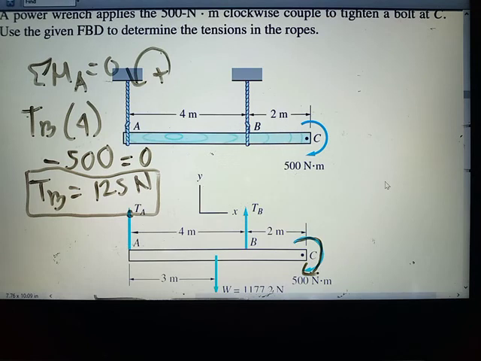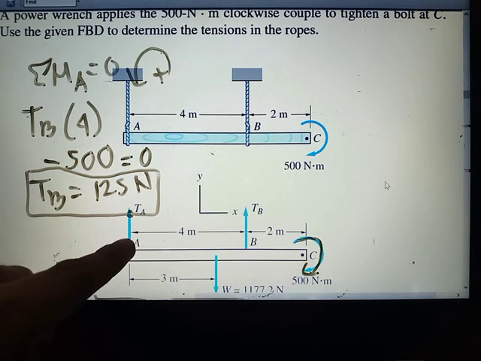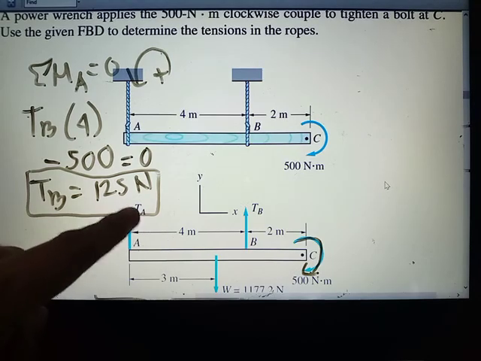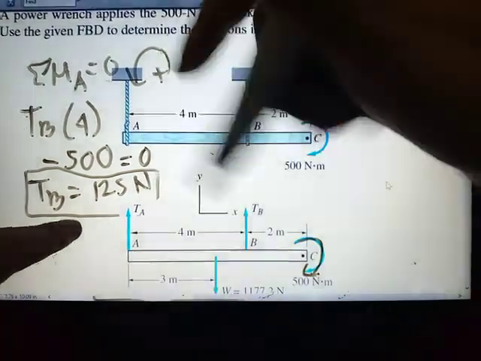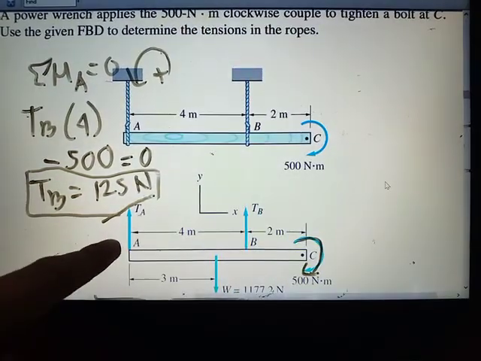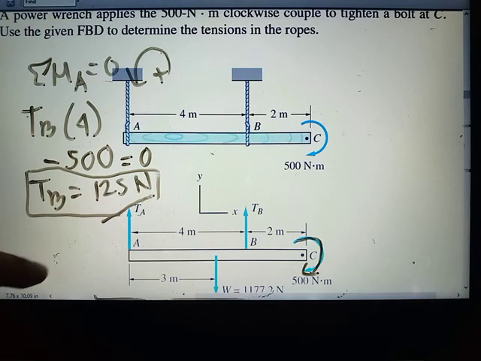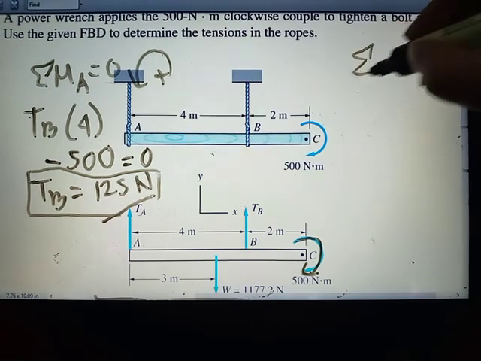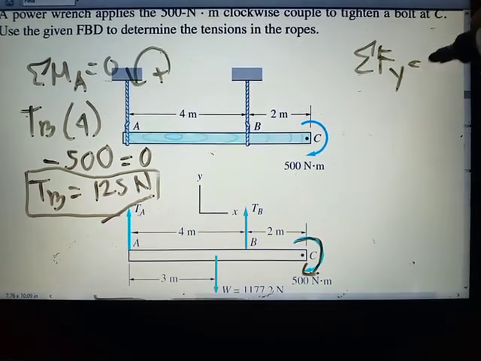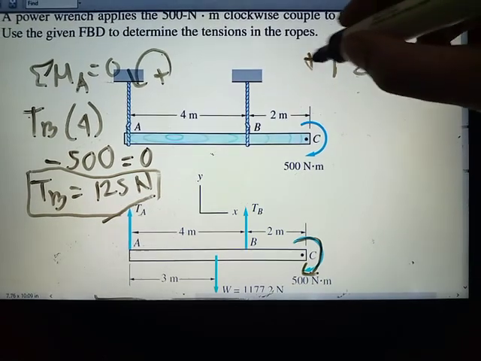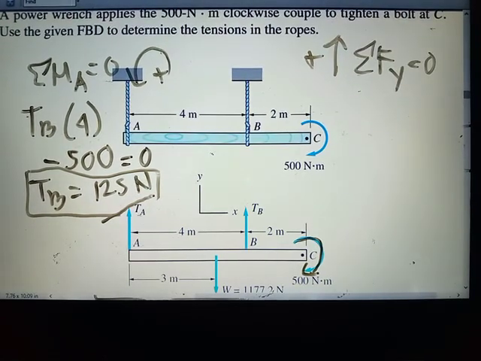So what do we do next? We already got TB, so we still have TA. The other way around is to sum up forces in Y, taking upward as positive.